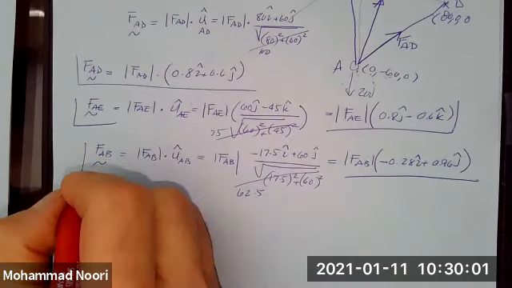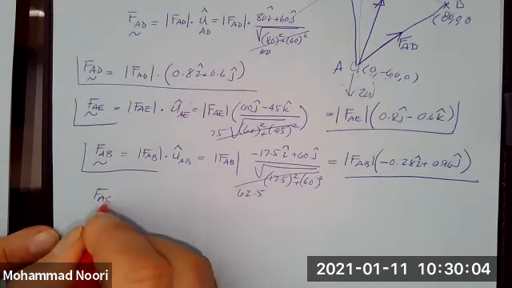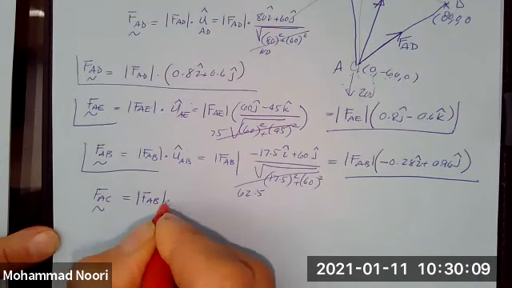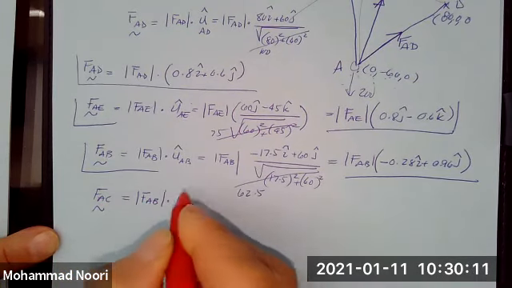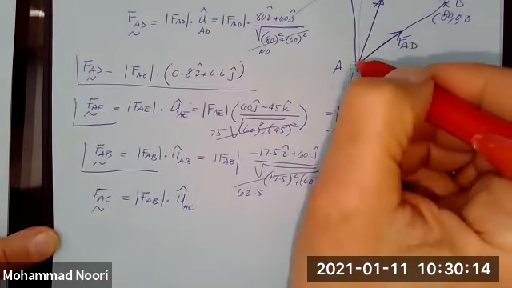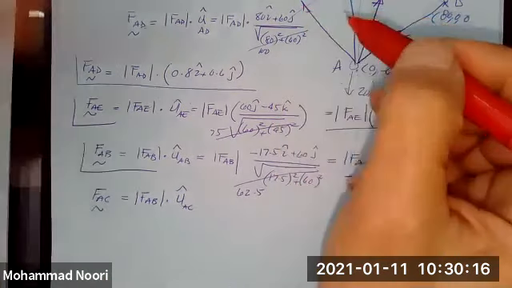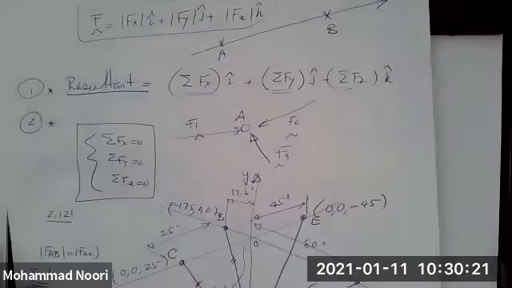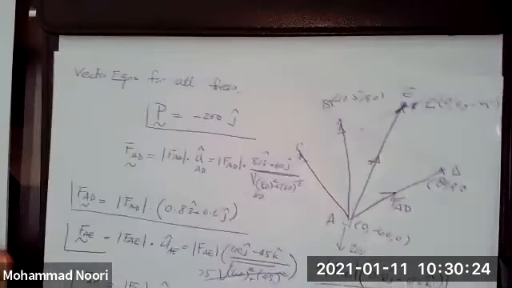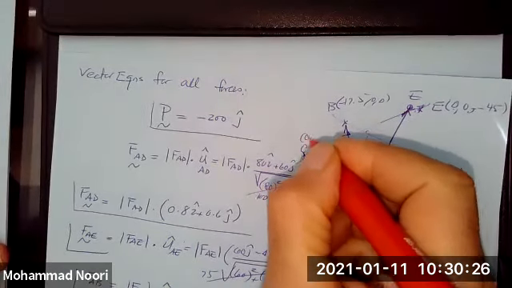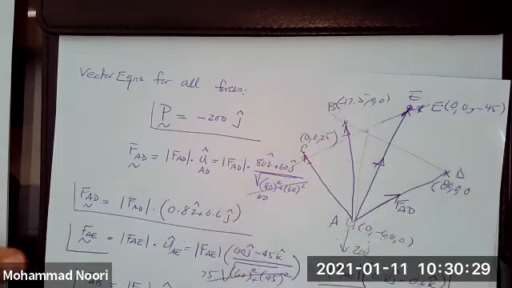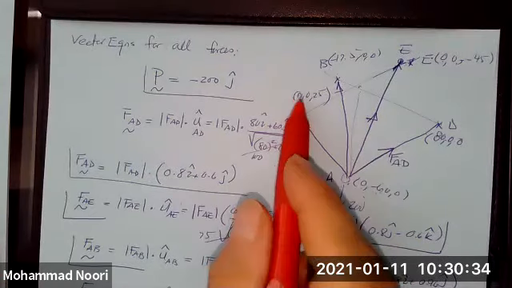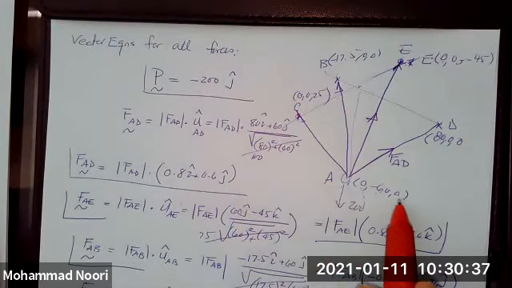So this is the vector equation for AB. One more, and that is force of AC. The magnitude of it is the same as AB, but the unit vector would be the unit vector of AC, which is located here. This is point C here, located at 0, 0, 25. So the unit vector would be 0 minus 0, 0 minus 60, 25 minus 0.